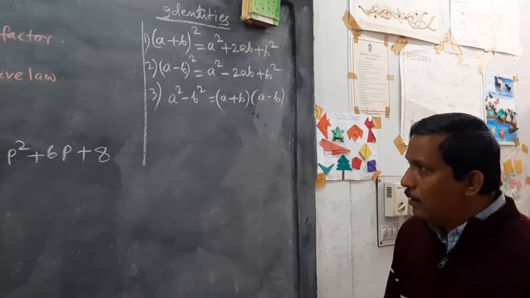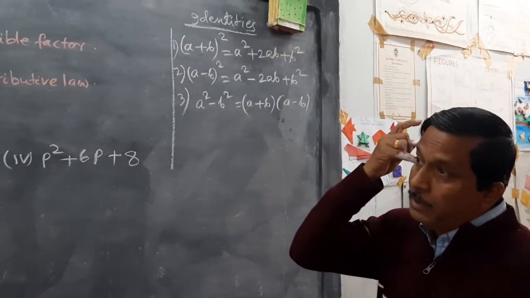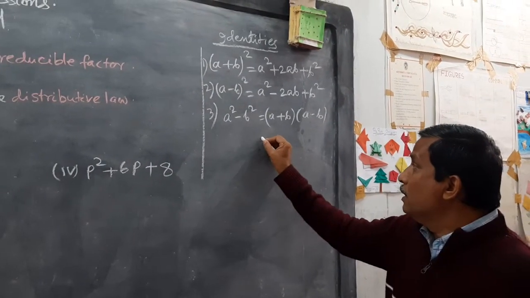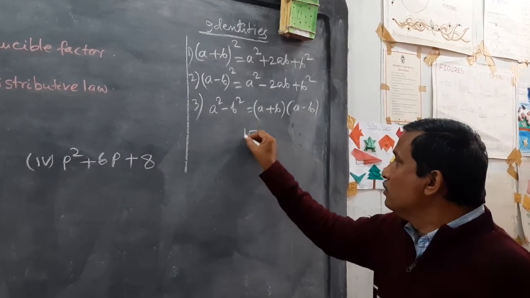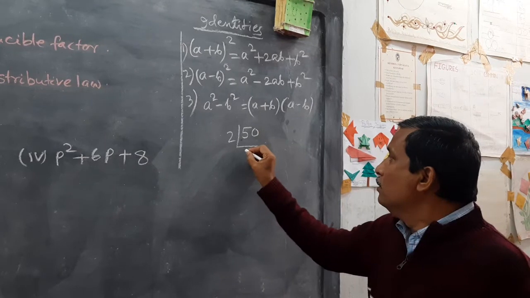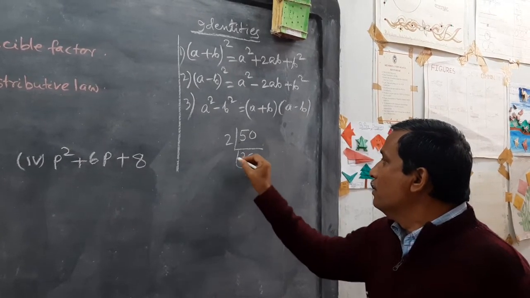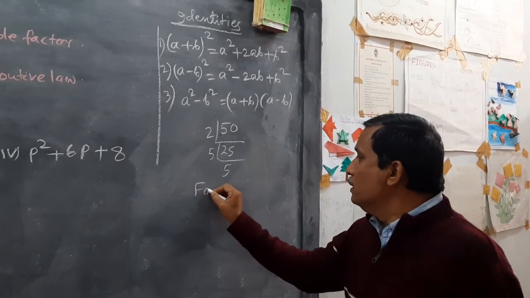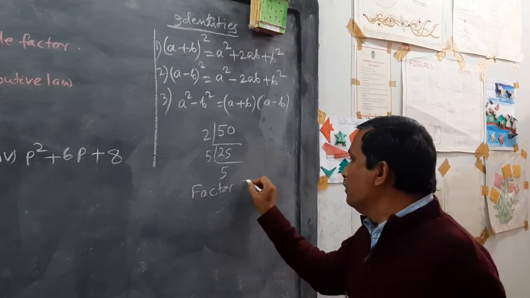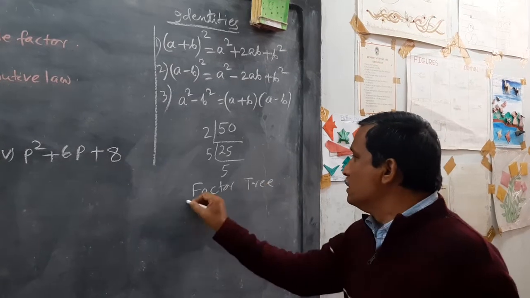Suppose you are factorizing 50, then you can do 2, then 25, then 5, 5 is 25. Suppose you want to draw the factor tree of this.